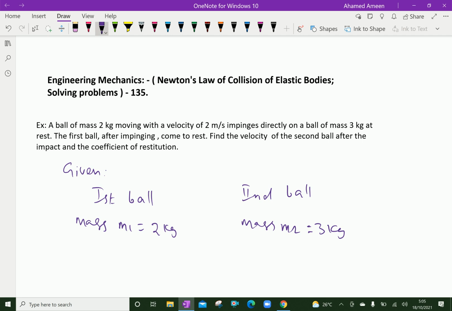Initial velocity of the first ball, that is u1 equals 2 meters per second.